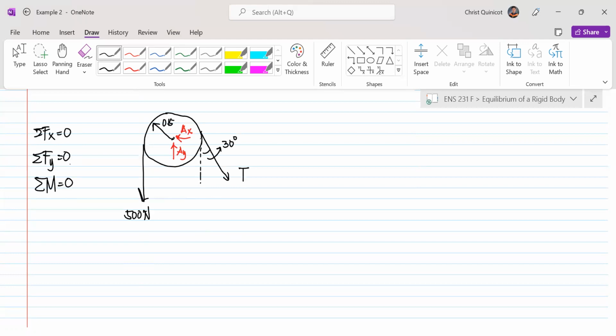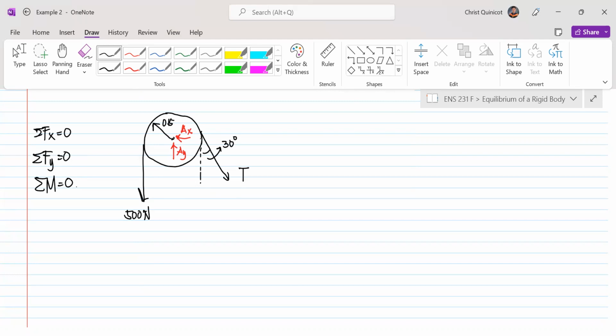If we do a summation of forces x, we have two unknowns, A sub x and the x component of our tension. For F sub y, we have A sub y, we have the given 500 Newton, but we also have T sub y, going down.